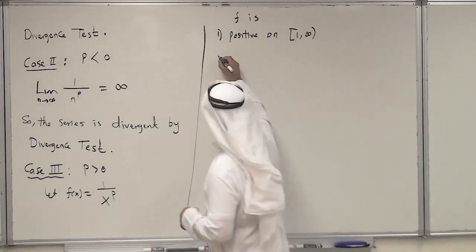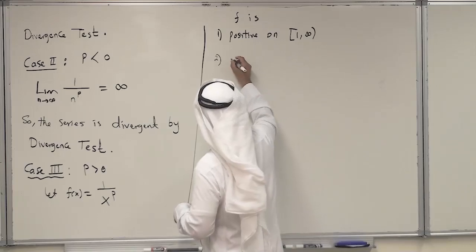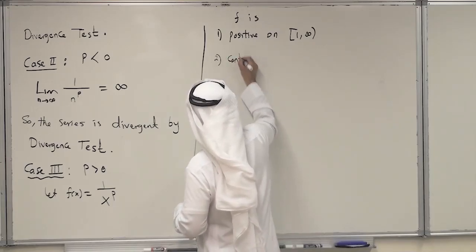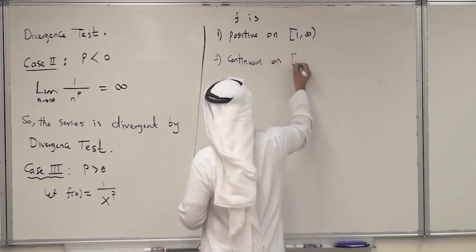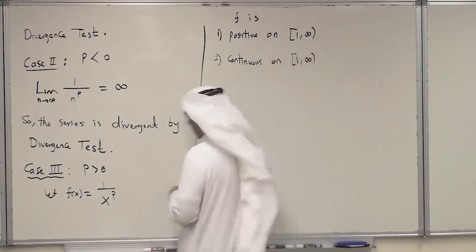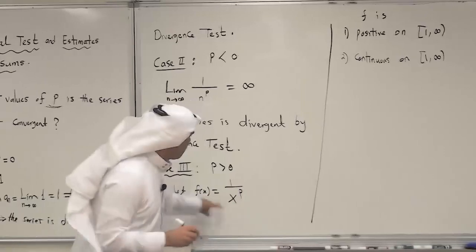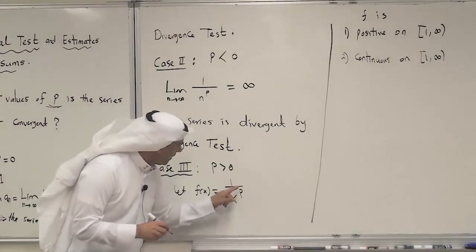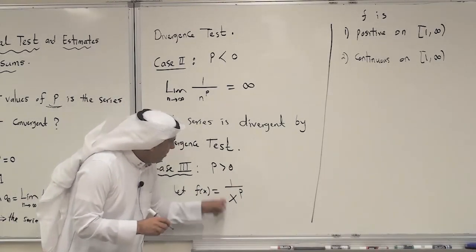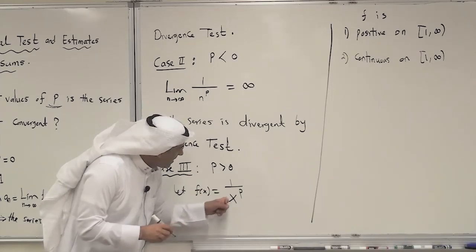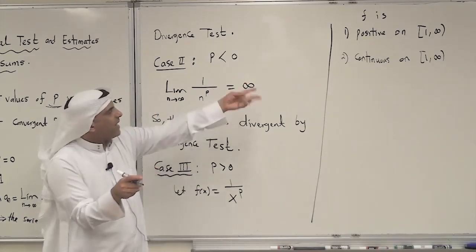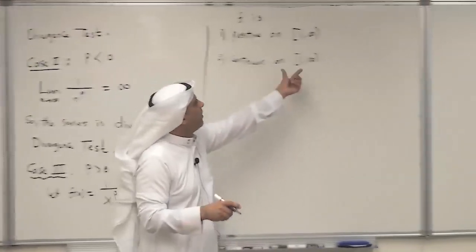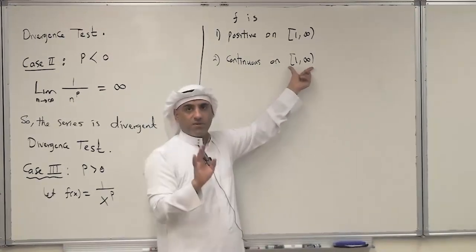The second one, this function is continuous on this interval, 1 to infinity. Why is this continuous on 1 to infinity? First, because it is a rational function, so it is continuous over its domain. And you can see the function here is not continuous only at the point x equal to 0. We are taking care of that because we are taking only the interval from 1 to infinity. So it is continuous on 1 to infinity.